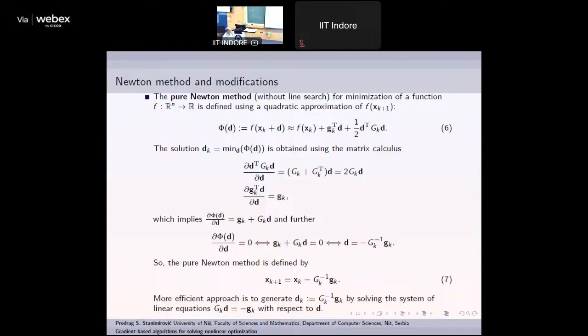It is important to mention that computing the descent direction as the product G_k^-1 times g_k is difficult. A much more efficient method is to solve this linear equation with respect to d and obtain d in this way.